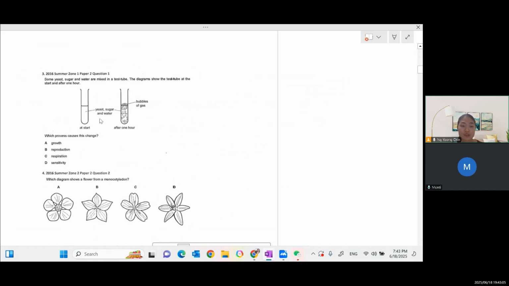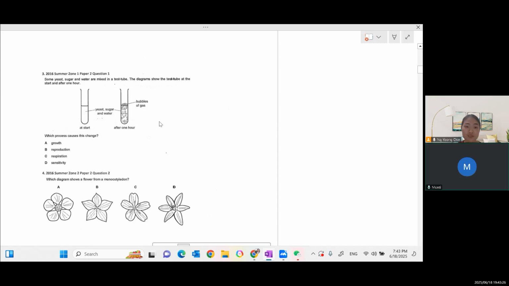Monty, we try this. Some yeast, sugar, and water are mixed in a test tube. The diagram shows the test tube at the start and after 1 hour. See, they add the yeast, sugar, and water at the starting point and after 1 hour. So what will happen?